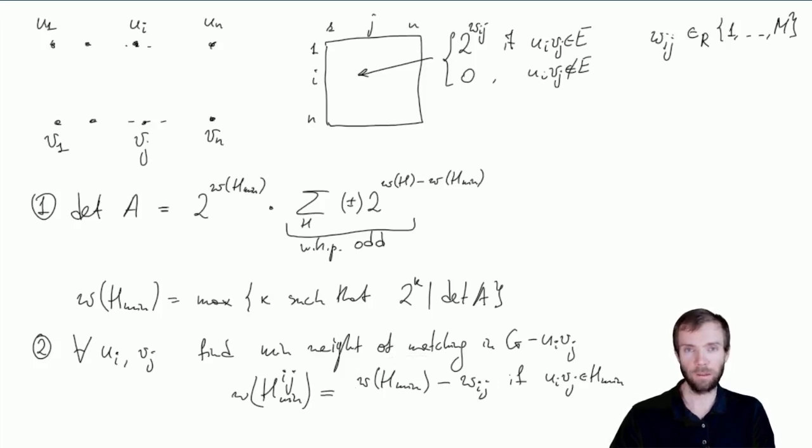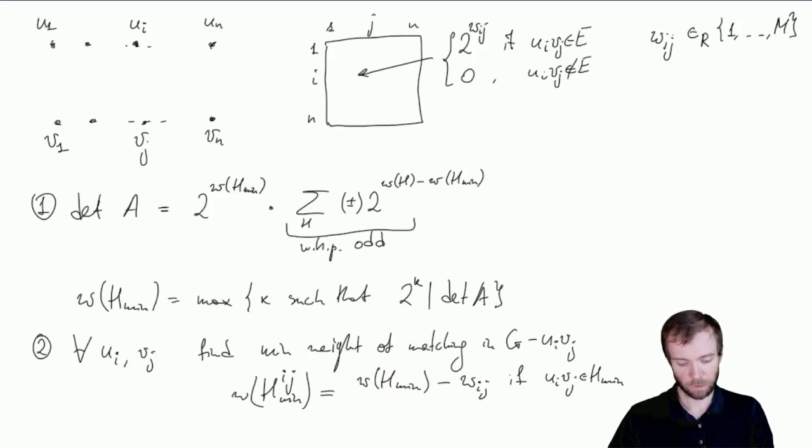No, because if we were able to find a matching of weight smaller than this in this graph, we would immediately augment this matching with an edge from ui to vj and get a matching of weight smaller than this one, which would contradict the choice of H min.